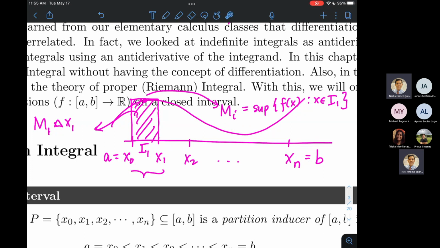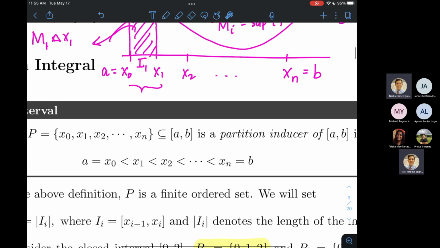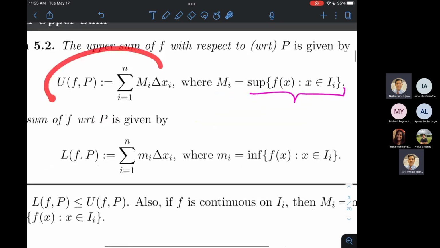For our case, ang upper Riemann sum, ang pinili natin na height ng rectangle ay yung supremum ng mga function values, yung pinakamataas na point doon sa closed interval x sub 0 to x1. All right? And then we take the summation of all the areas of the rectangles induced by the partition inducer, and what we'll get is the upper Riemann sum we denote by this.